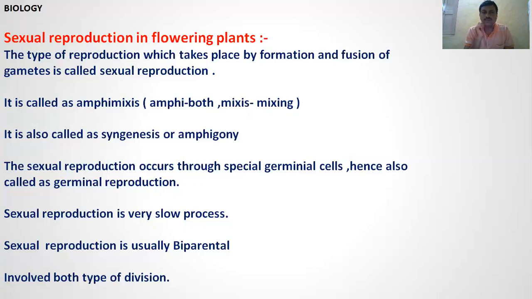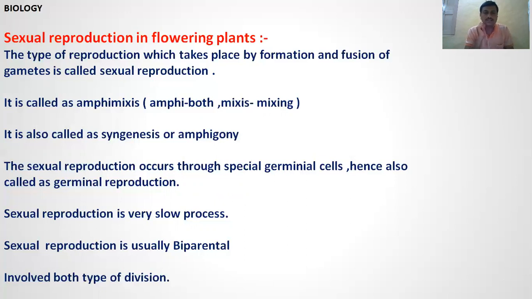This sexual reproduction is also called syngenesis or amphigony. Amphigony means both gametes are mixed. Two types of gametes, male gametes and female gametes, are mixed with each other.